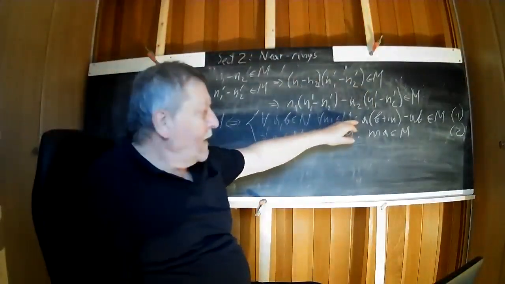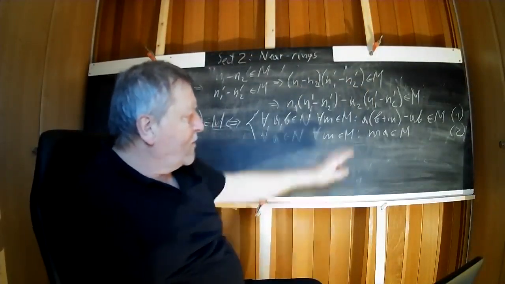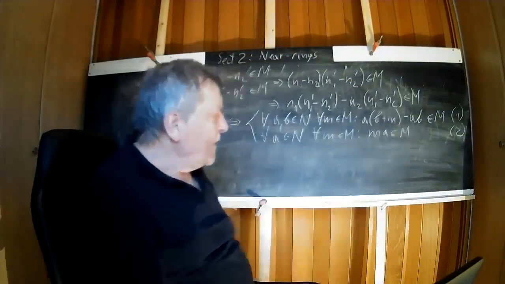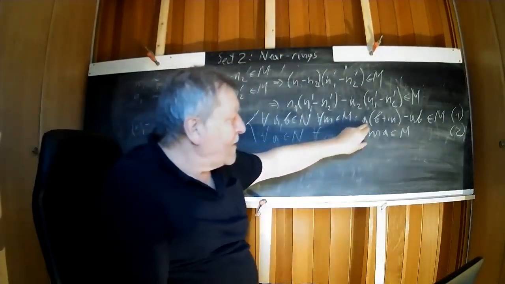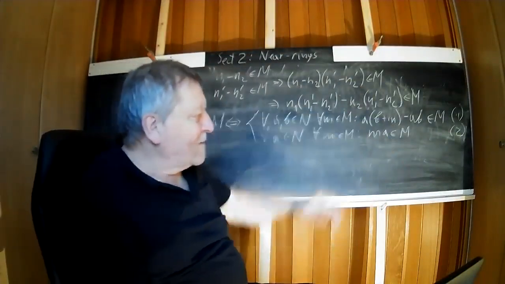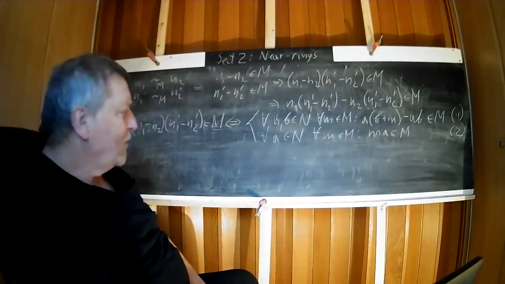You can see here, if we had distributivity, we could simplify this to AB plus AM minus AB, which basically means that A times M must be in M. But this is some other condition, and we cannot simply do this.